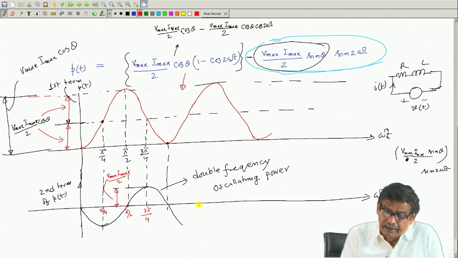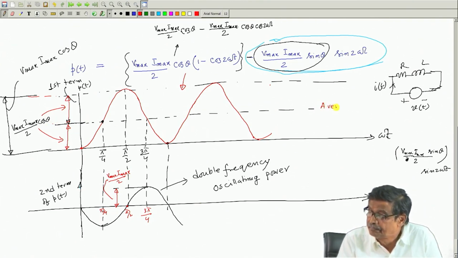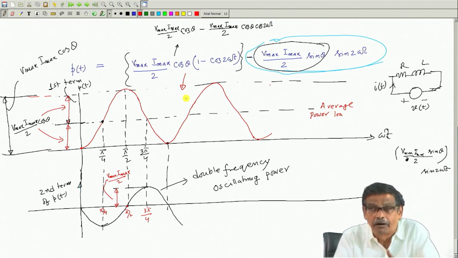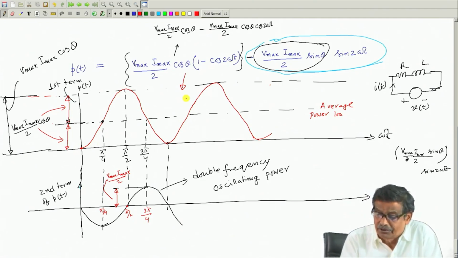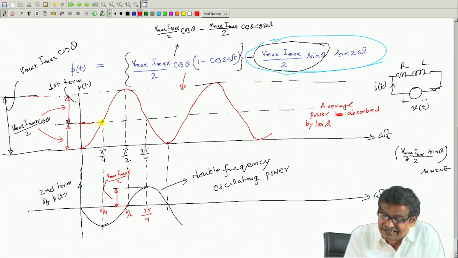But this is the average power which the load is absorbing. This whole against time, this much power is absorbed by the source, but on an average, the average power absorbed by load is this line.